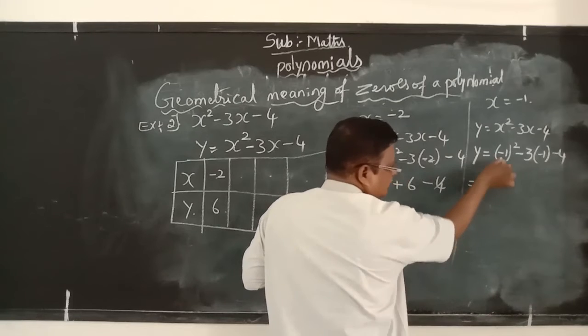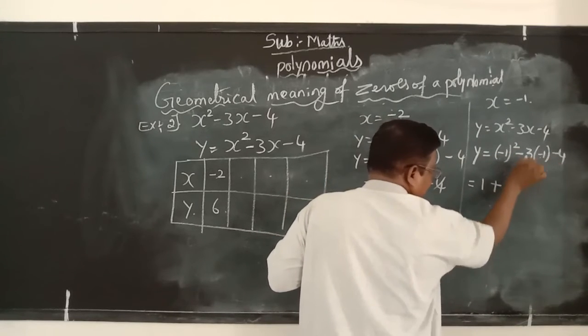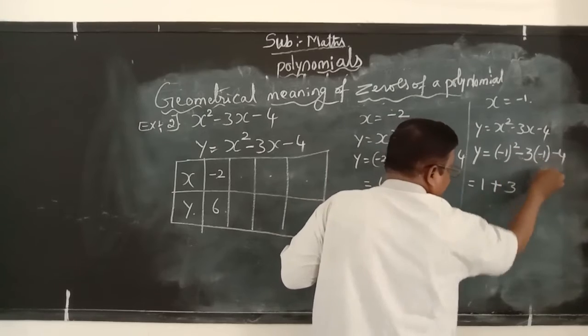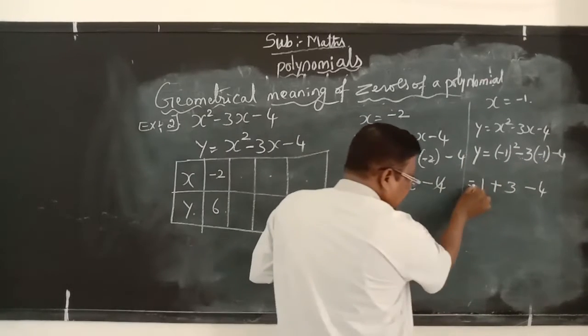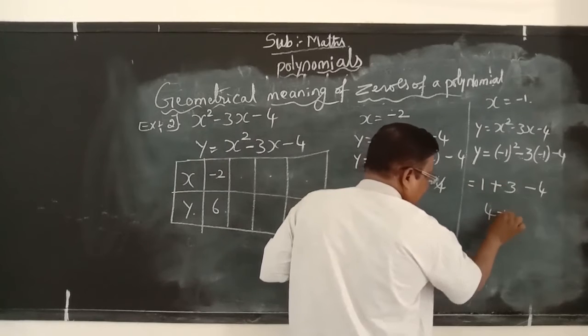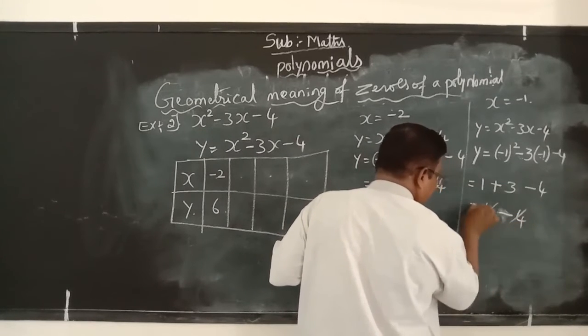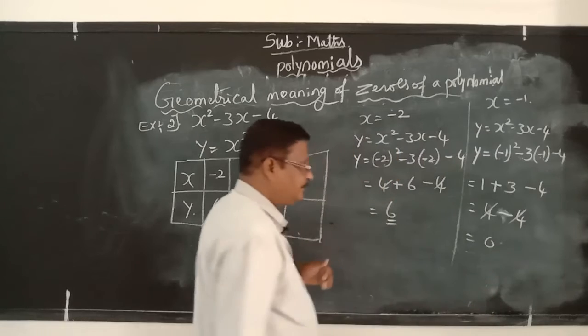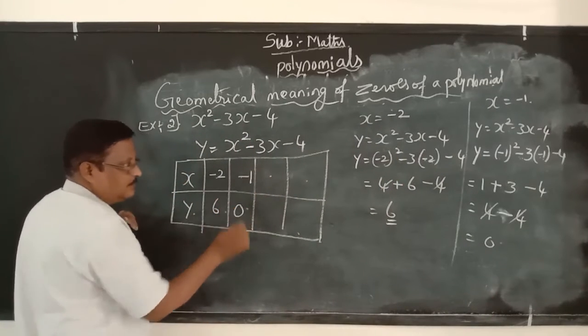Minus 1 whole square is nothing but plus 1, minus into minus is plus, 3 ones are 3, next minus 4. Here this is also plus sign, this is also plus sign, plus 4 minus 4 is nothing but 0. When x is equal to minus 1, the value of y is 0.